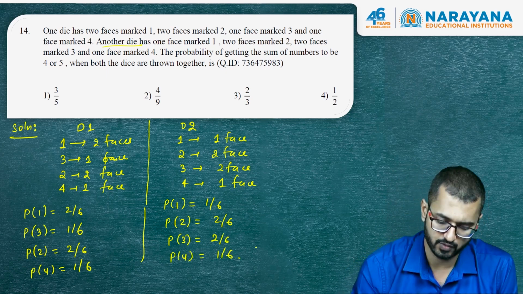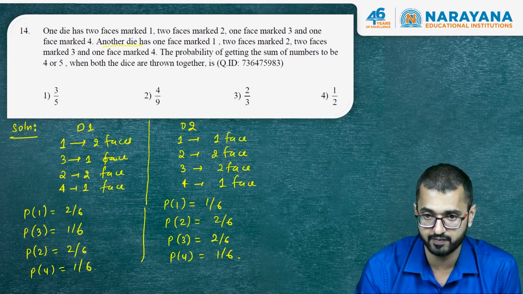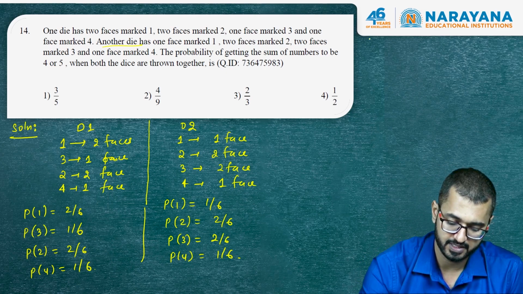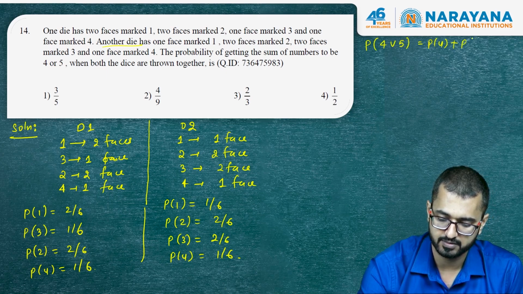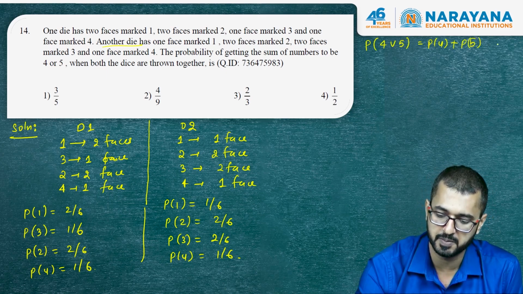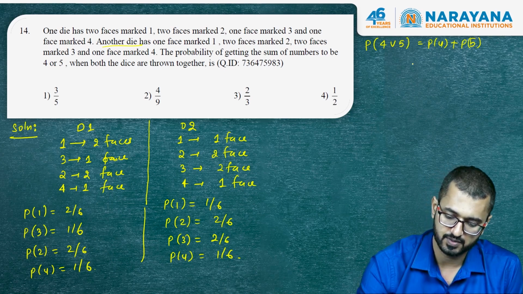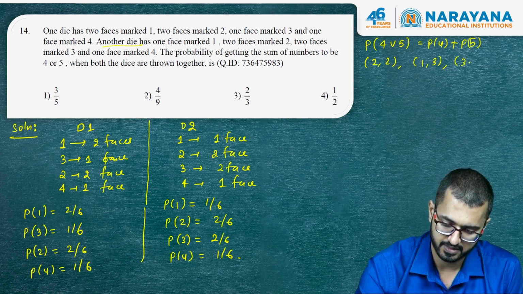This we found. Now what do we need? The probability of getting the sum of numbers to be 4 or 5. So basically we want the probability of getting sum to be 4 or 5. So it will become P of 4 plus P of 5 minus intersection. The sum cannot be 4 and 5, so of course intersection will be empty, so P of 4 plus P of 5. So let us see now when can we get 4. So 4 we can get through 2 here, 2 here, that's fine, 1 here, 3 here, 3 here, 1 here.